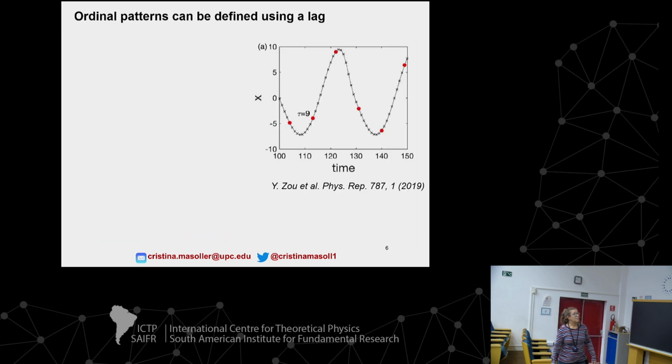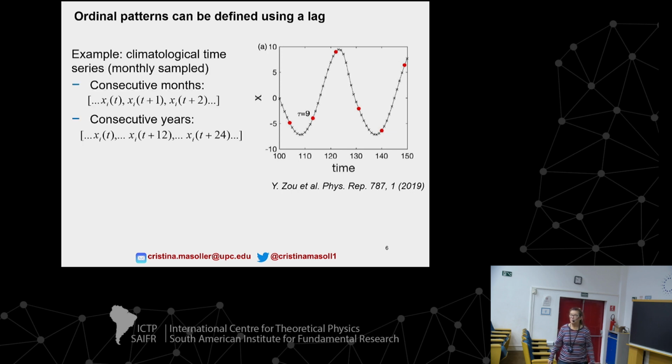Okay, we can solve this problem if we want to look at longer patterns. We don't need to consider consecutive data points. We can skip, for instance, 9 points and analyze the patterns formed by these red dots. That's a possibility.